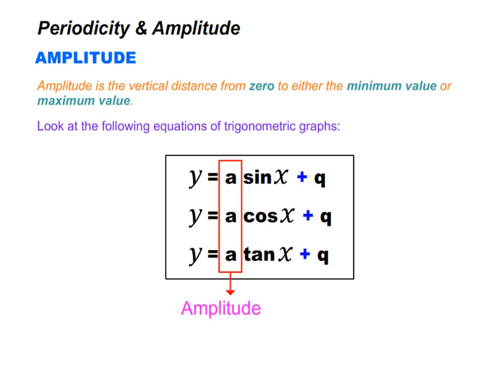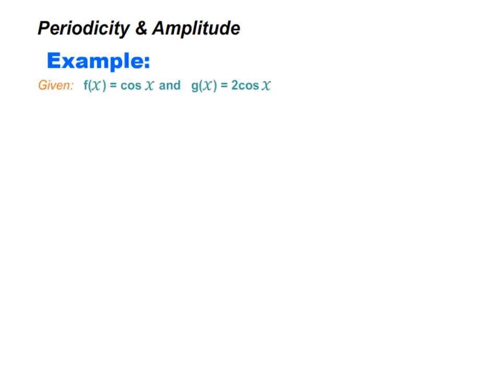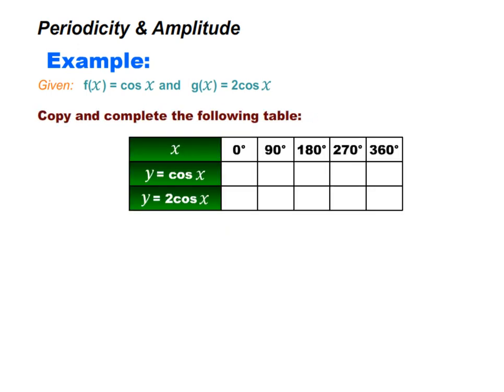In order to understand amplitude, look at the following example. In this example, we are given the graph of f of x is equal to cos x, and we are also given the graph of g of x is equal to 2 cos x. Let's have a look at the first question. The first question wants us to copy and complete the table.